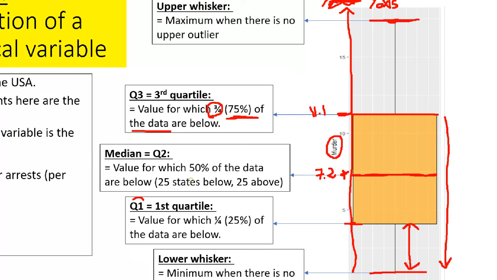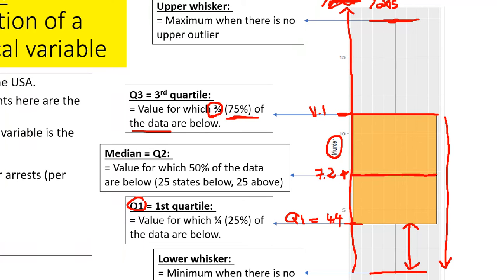This value is Q1. Q1 is equal to 4.4 maybe, okay? I don't really care about the exact number here. It's just to show you how to read a box plot, okay?